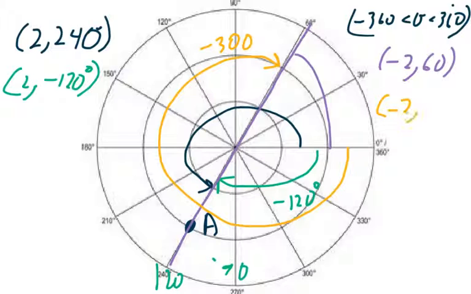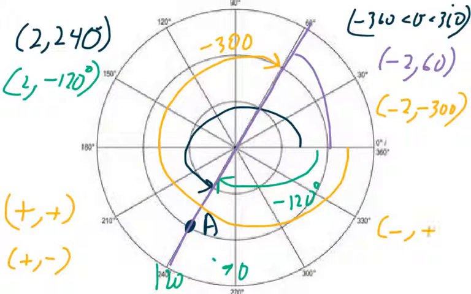So this would be negative 2 comma negative 300. For each of these I need a positive and positive, a positive and a negative. Over here we did a negative and a positive, and 2 negatives. And those are the 4 that I'm going to find each time. And that's the first half of 9-1.